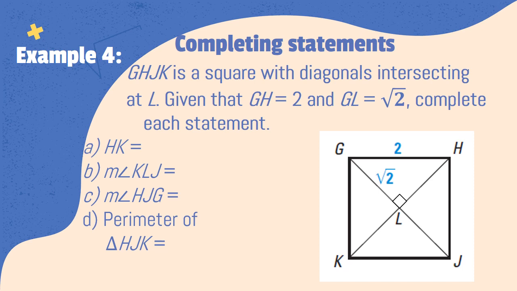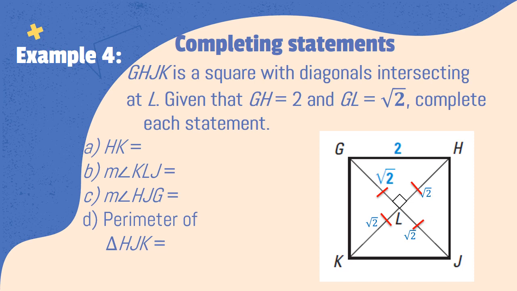Therefore, all these segments that are formed after intersecting the diagonals GJ and KH are going to be congruent. So I have this marking here, these segments are congruent, and therefore each one of them measures square root of 2. The segment KL measures square root of 2, the segment JL measures square root of 2, and also the segment LH measures square root of 2 units.